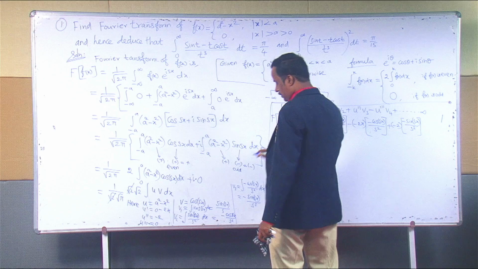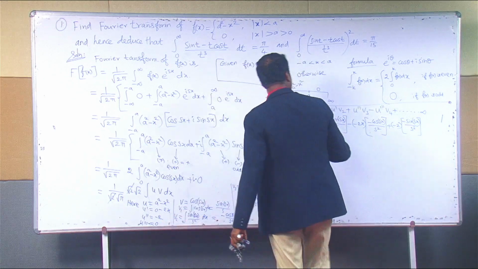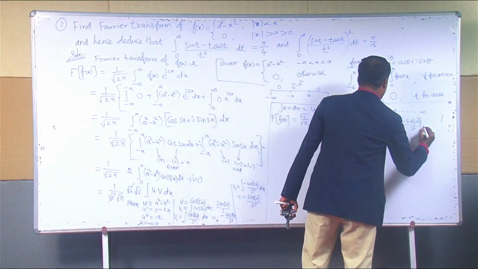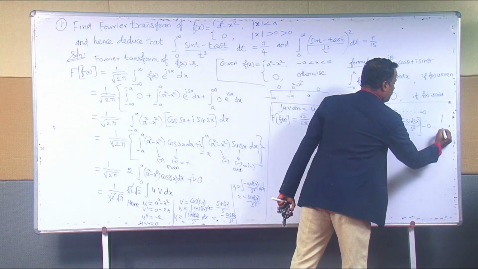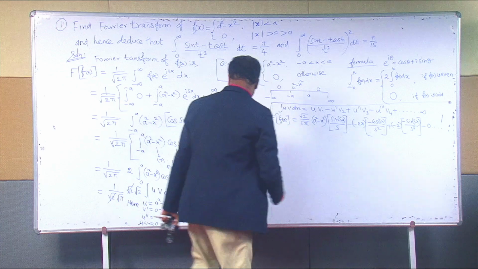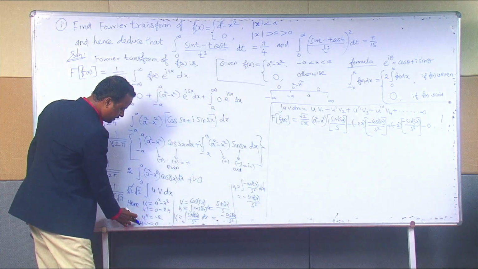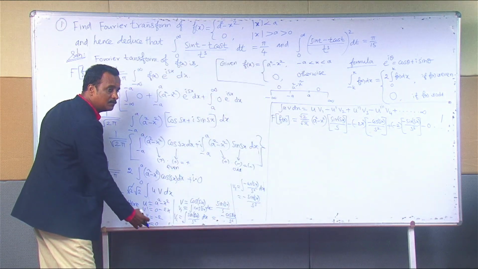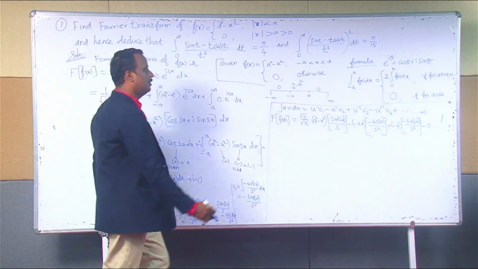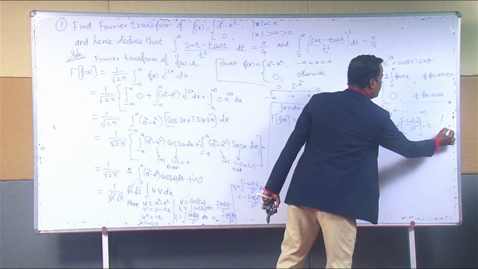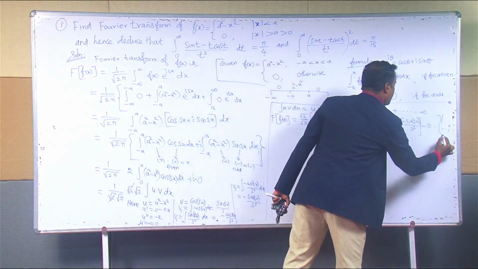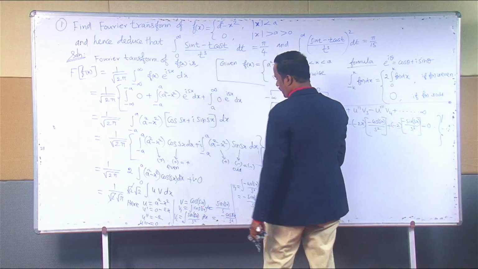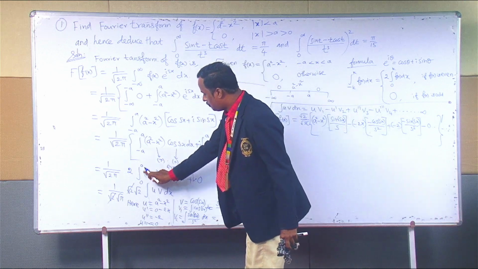And u triple dash is 0, 0 into anything is 0, and so on. All higher derivatives, u triple dash, u4 dash, u5 dash, u6 dash, are all 0, so the remaining terms become 0. This is the value of the integration, and we have to apply the limits. What are the limits here? 0 to a.